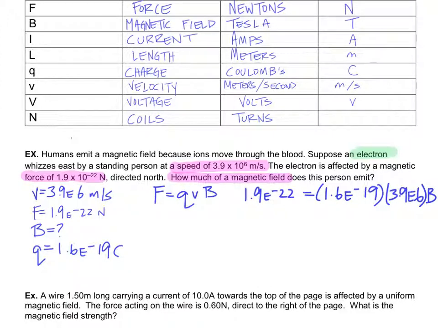Okay, so if I want to get B by itself, but it's being multiplied by all of this, then all of this has to come to the other side. So what I'm going to do is take this and divide it by itself. So this is 1.6 E negative 19 times 3.9 E6.